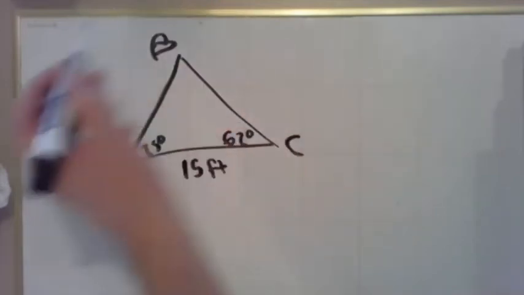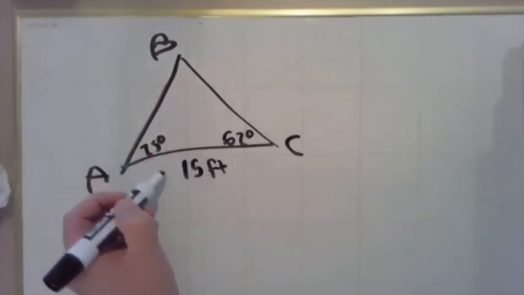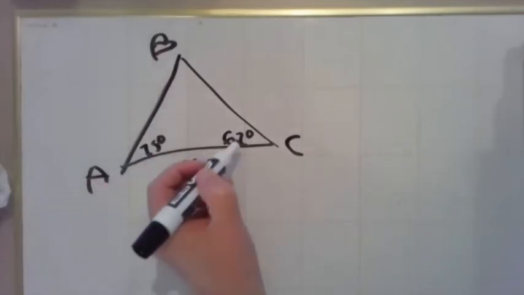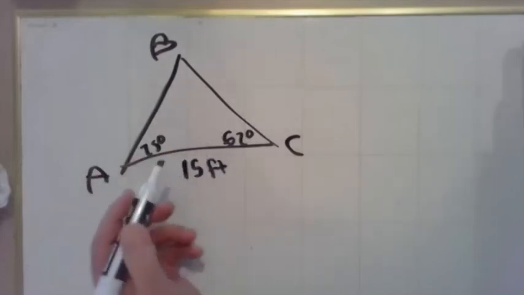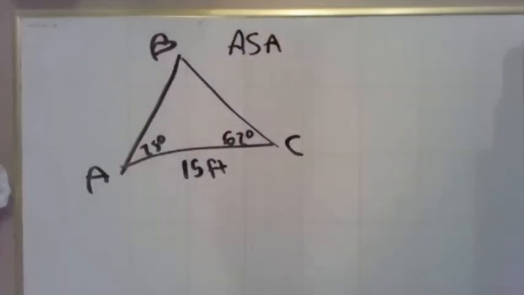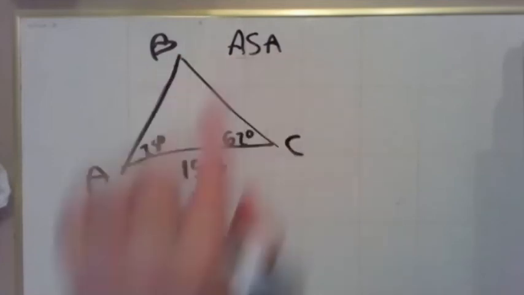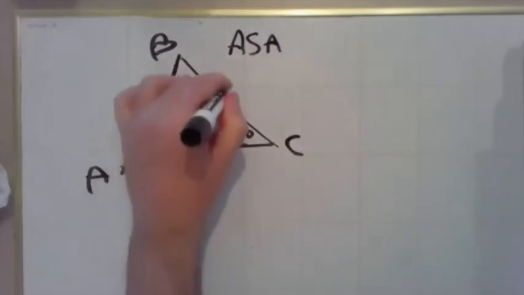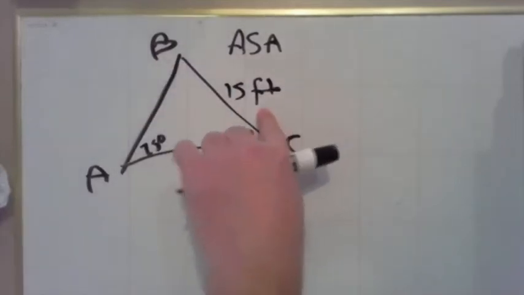If I go around, say in a circle, I know an angle. The next thing I have written down is a side, and then I know an angle. I know two angles and the side in between those angles. This is an angle, side, angle scenario. I know two angles and I know the side in between them.